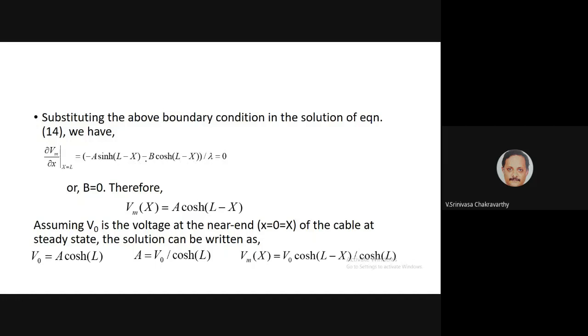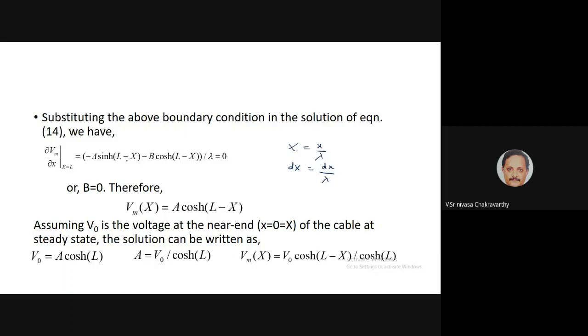Therefore, when I differentiate, I need to take care of this difference. So X is equal to small x by lambda, therefore dX is equal to dx by lambda. That's how you get lambda in the denominator here.